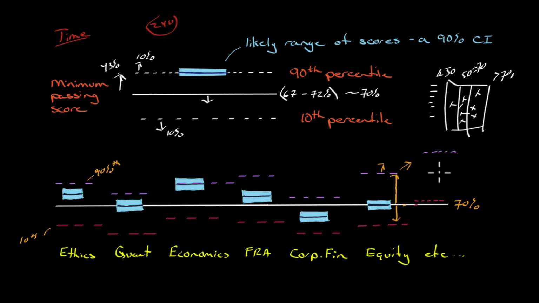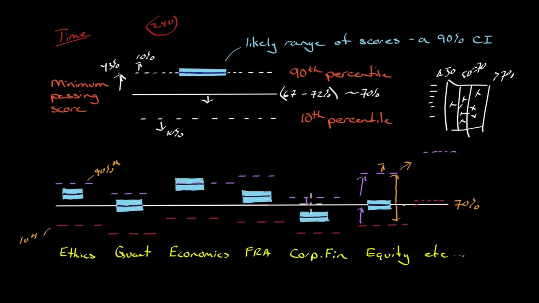In other words, that section was so easy. That's the result. So the closer the 10th percentile line is to the 70%, and the further away this is from the line, that is saying that overall, of all the people who wrote, that tended to be an easier section altogether.